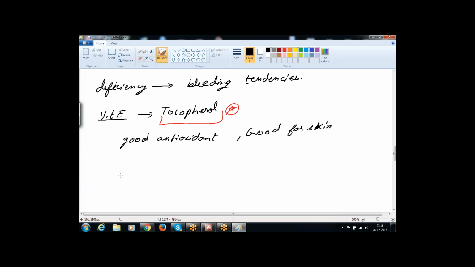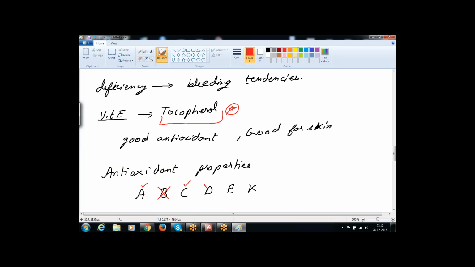Sometimes they ask you which vitamins have antioxidant property or which vitamins don't have antioxidant property. Remember, for antioxidant property, you have to write all the vitamins in a line: vitamin A, vitamin B, vitamin C, vitamin D, vitamin E, and vitamin K. So for antioxidant property, first one has, second one doesn't have.